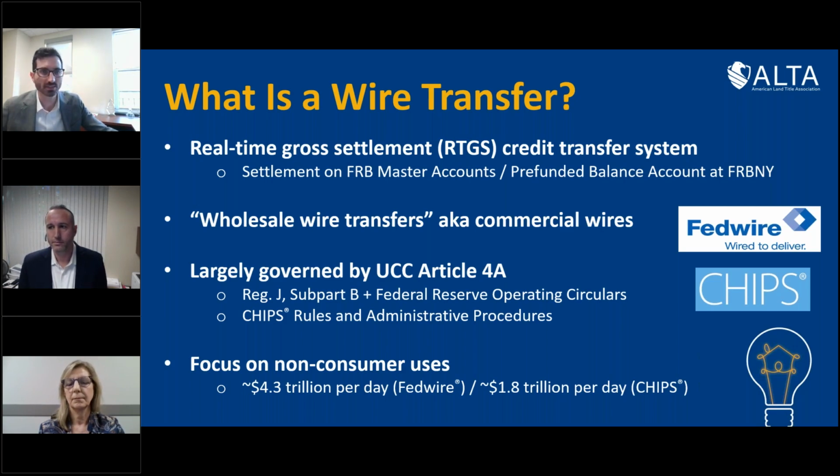FedWire Funds Service is operated by the Federal Reserve Banks, as you know. The CHIPS service is a consortium of private banks operated by The Clearing House. Sometimes people call these wholesale wires or commercial wires. In other words, they're focused primarily on non-consumer payments. Although, of course, we all know that consumers can certainly send a wire. They do so every day in real estate transactions. But that's not the main focus for these systems.